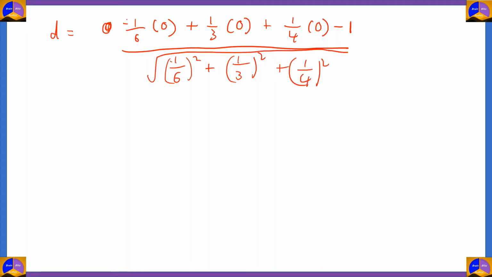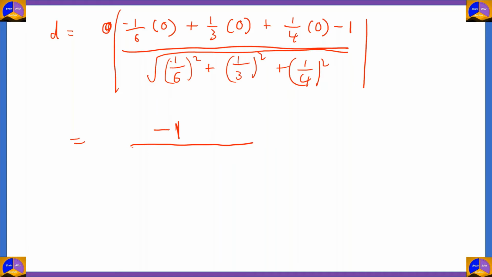So the first three parts, that is -1/6 into 0, 1/3 into 0, and 1/4 into 0 are equal to 0, because 0 multiplied by any number is equal to 0. So the numerator remains -1.